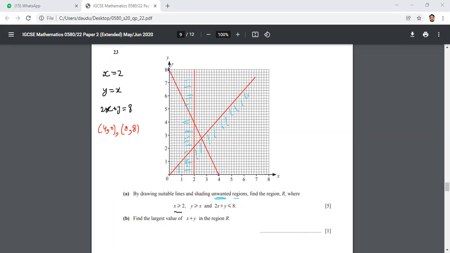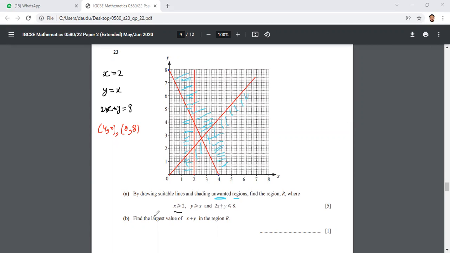So that is the line at points 8 and 4. That is less than, that means towards the origin, but we are showing unwanted, so upside like that. Okay, fine.